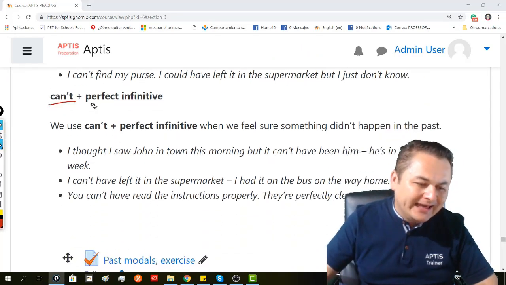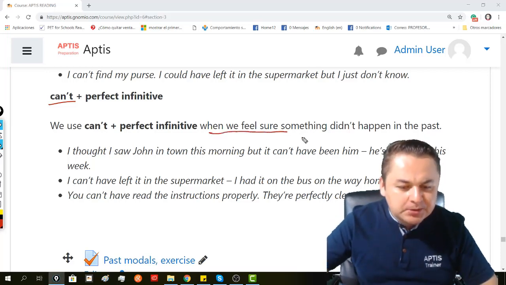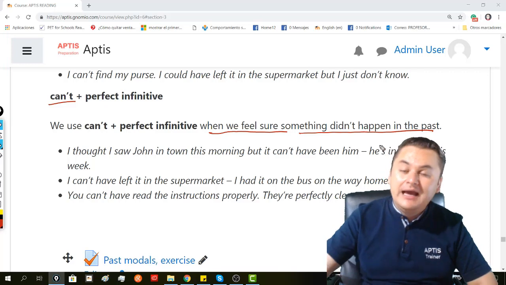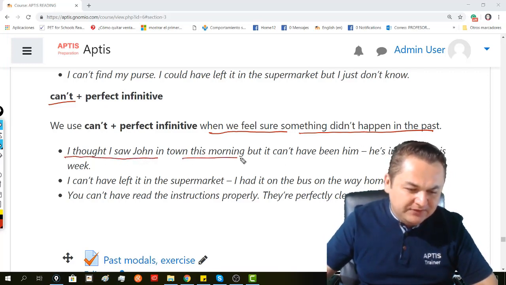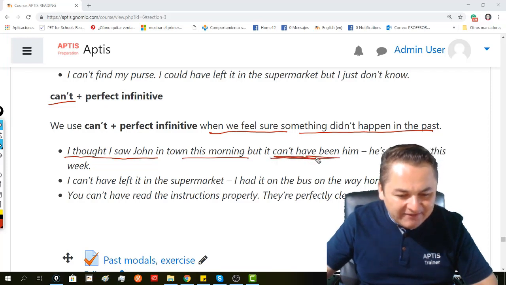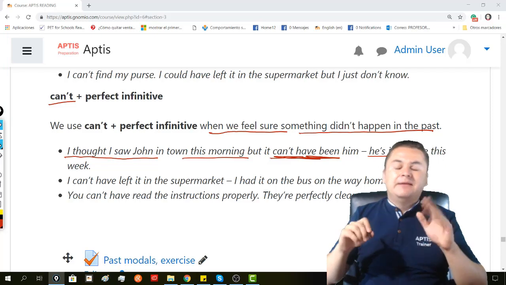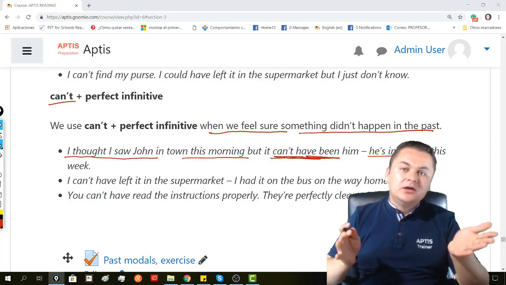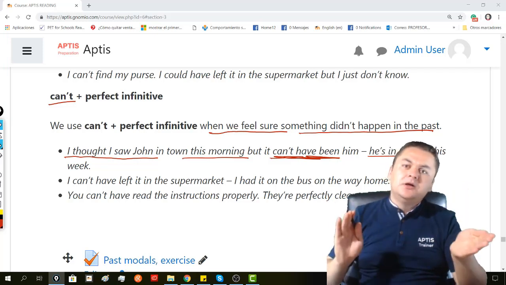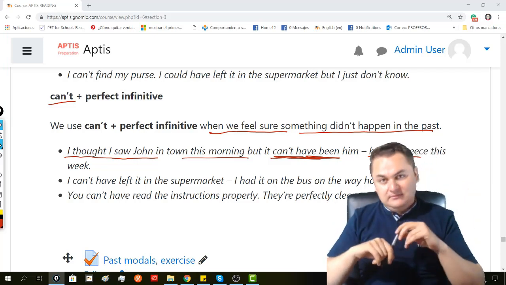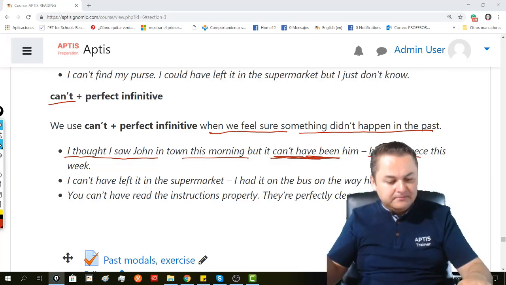You use can't have when you feel sure something did not happen in the past. For example, I thought I saw John in town this morning, but it can't have been him. He's in Greece. I am 100% sure of the opposite. I am 100% sure it is not him. I am 100% sure it did not happen.